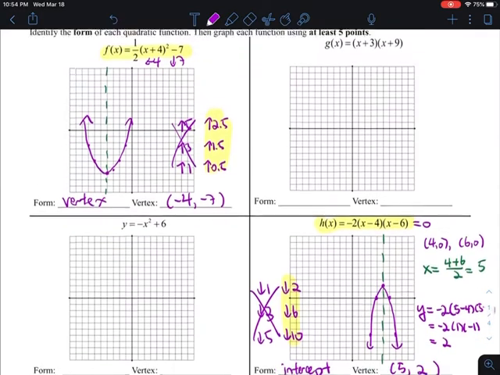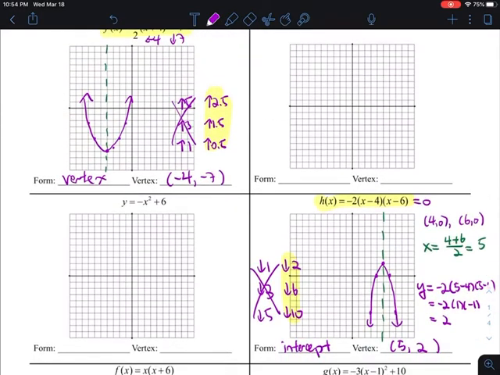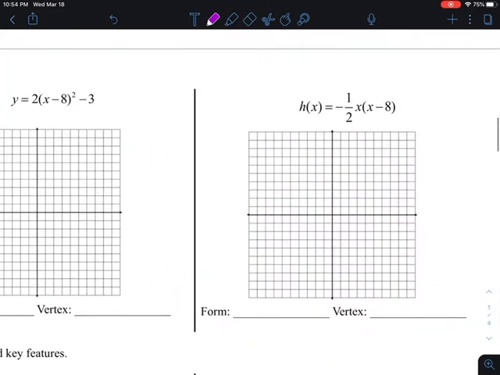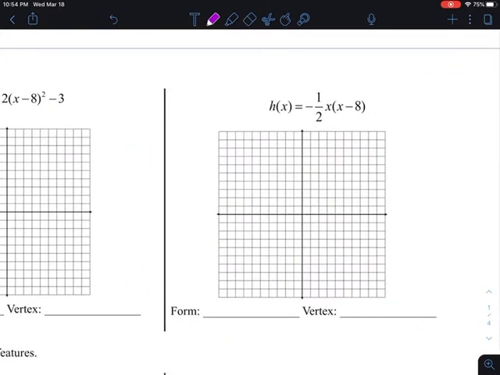Okay, so everything else should be pretty straightforward. But I do want to talk about this one as well, the second page. This equation, again, h of x, is also written in intercept form, but the tricky part may be this x here. It might be easier to think of this as x minus 0.